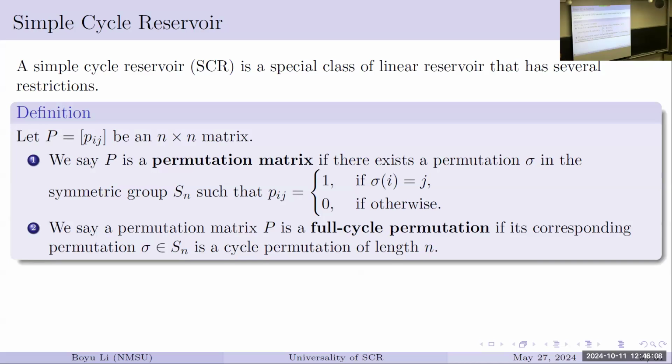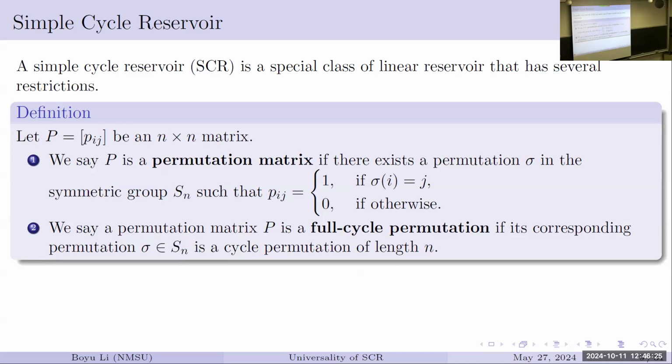We map the ith coordinate into the jth coordinate, so you have Pij equals 1. That gives you a matrix of just 0s and 1s. So that's a very sparse matrix, just a bunch of 1s and a bunch of 0s.